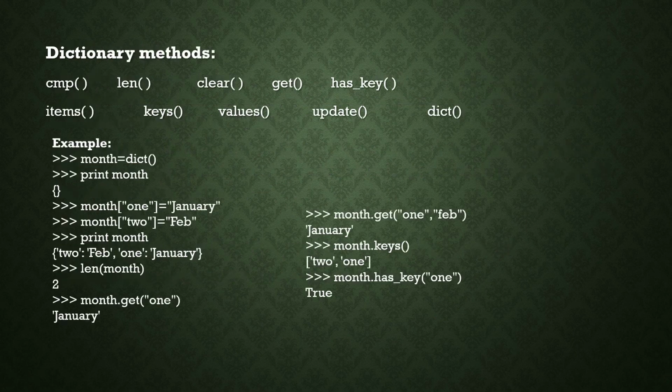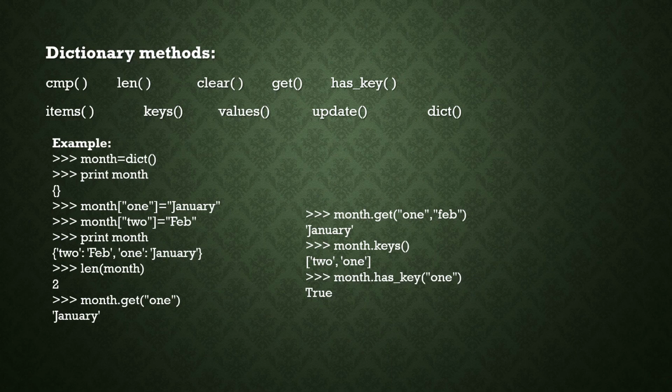Next point, dictionary methods: cmp, that is to compare; len, that is to find the length; clear, that is to clear the contents; get function, that is to read; has_key function, items, keys, values, update, dict function.